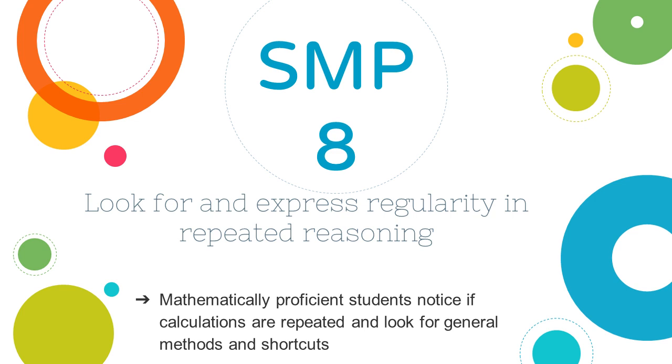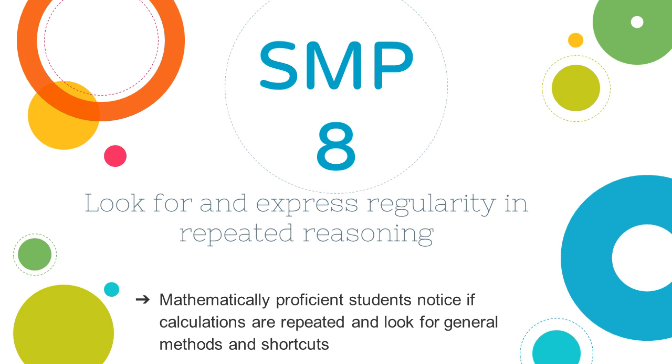They continually evaluate the reasonableness of their results. Students will look for obvious patterns and use if-then reasoning strategies, be able to find and explain subtle patterns, and discover deep underlying relationships.